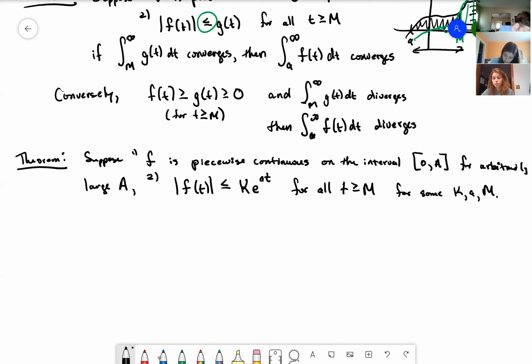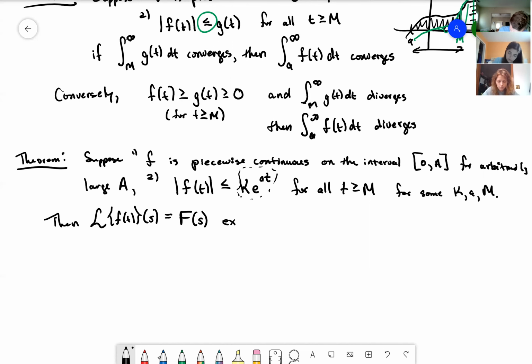Well, this thing converges if we make a negative. And so we say then the Laplace transform of f of t, otherwise known as capital F of s, exists.